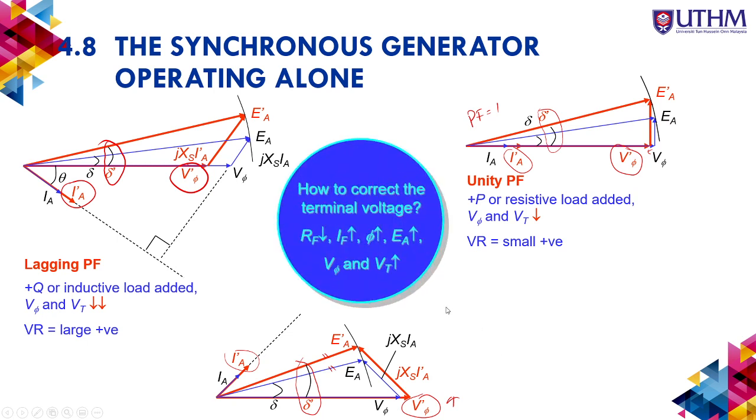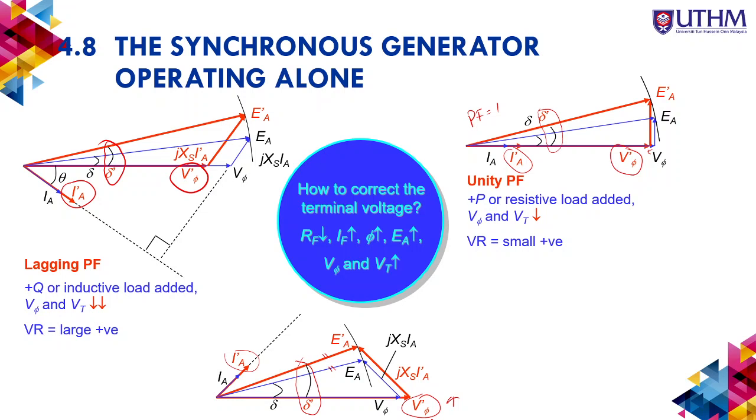How do we correct the terminal voltage? In theory it is done by changing the power factor, but in real life, what do we need to change?